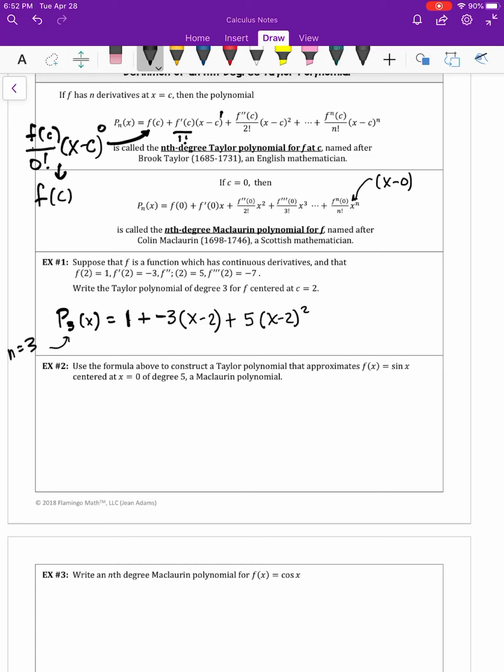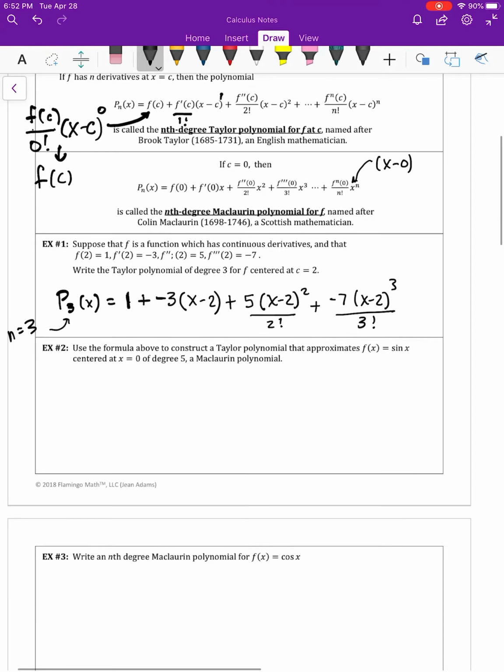And that is 5 times x minus 2 to the 2nd power divided by 2 factorial. And then plus, we've got f triple prime of 2 is negative 7. So we have negative 7 times x minus 2 to the 3rd power divided by 3 factorial. So that would be your Taylor polynomial of degree 3 for f centered at c equals 2.